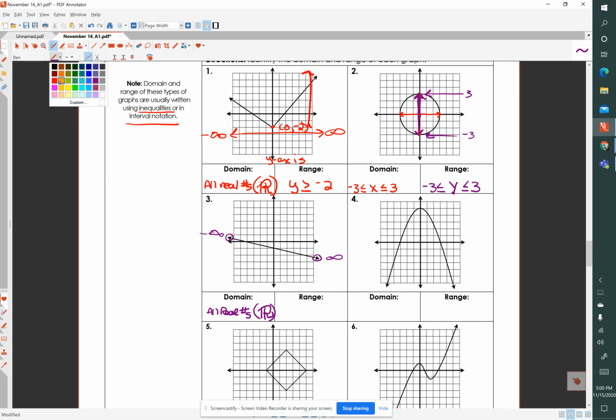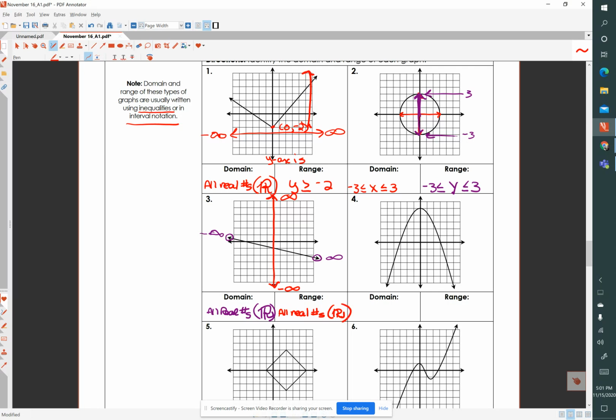Our range will go from -infinity on the y-axis up to including infinity on the y-axis. So our range is also going to be all real numbers. It's my R, fancy R.